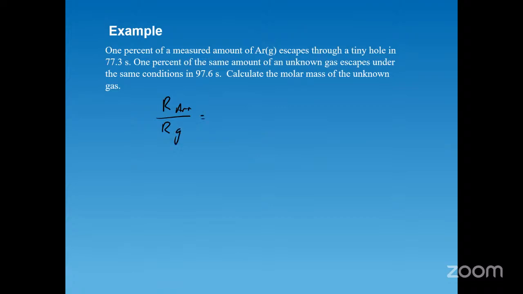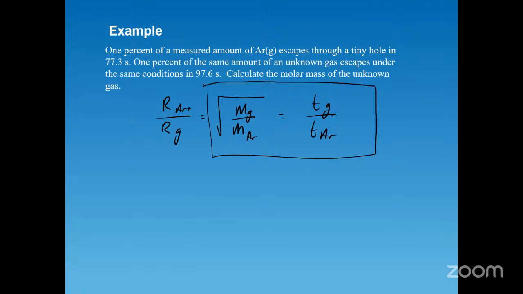That will be equal to the square root of the molar mass of the gas divided by the molar mass of argon. And that would also be equal to the time of effusion of the gas divided by the time of effusion of argon. So in actual fact, this is the part that we're going to use in order to solve this problem, because the question gave us the time of effusion for argon, it gave us the time of effusion of the gas, and we know the molar mass of argon.